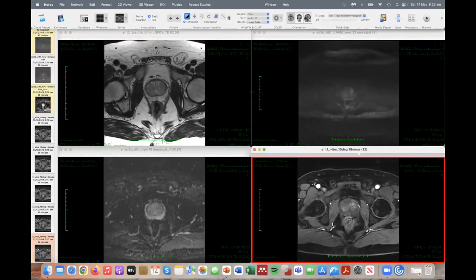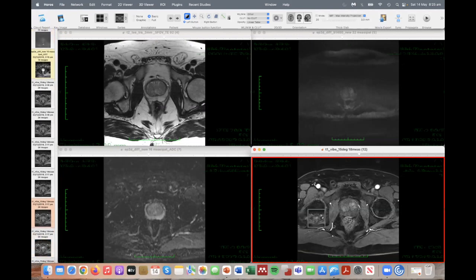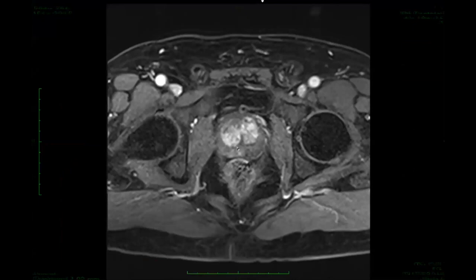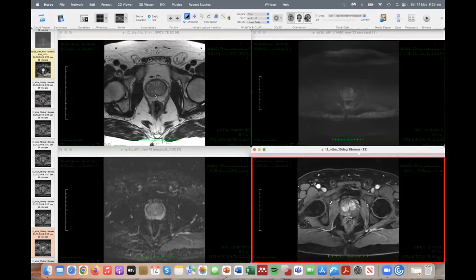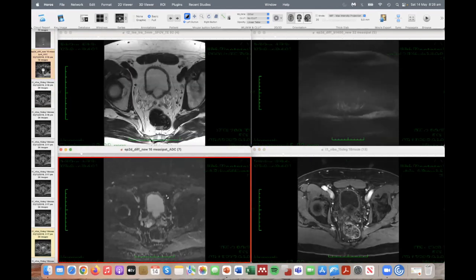However, it's not a very bright, focal enhancement. So in this case, we can see only some enhancement in the right PZ at midline with this focus that does not show any restricted diffusion on the high B value, but shows some mild restriction on the ADC map. So the score of this lesion is a 3 out of 5 on a PI-RADS scale.